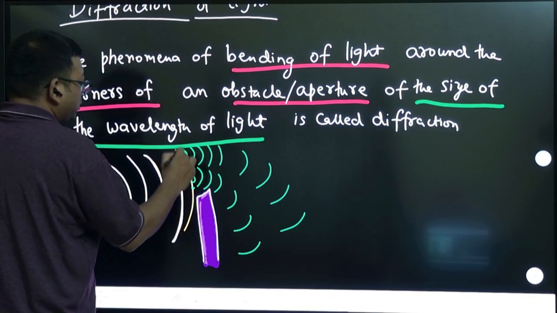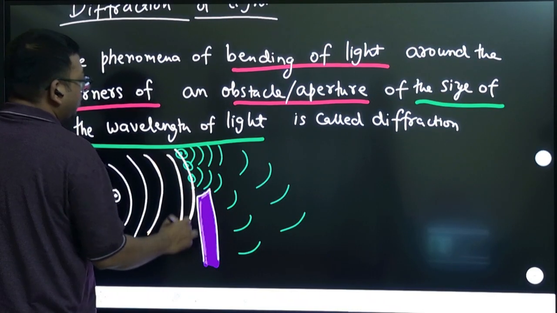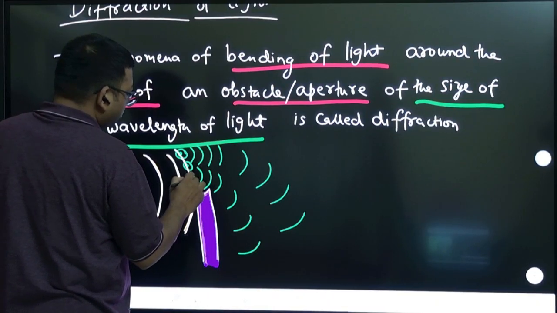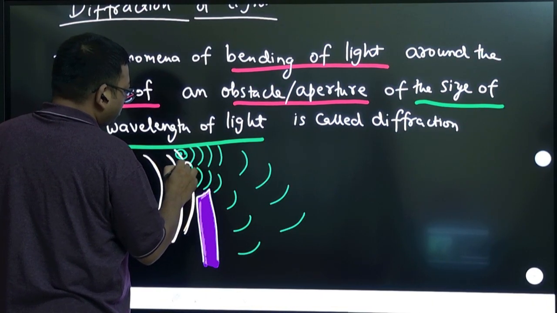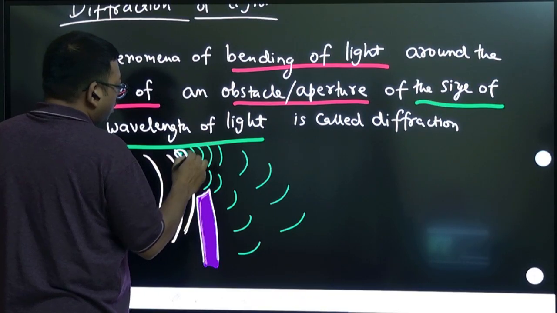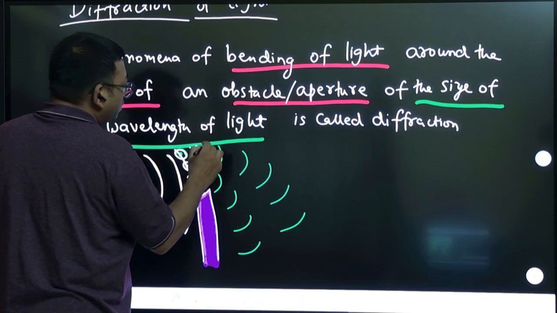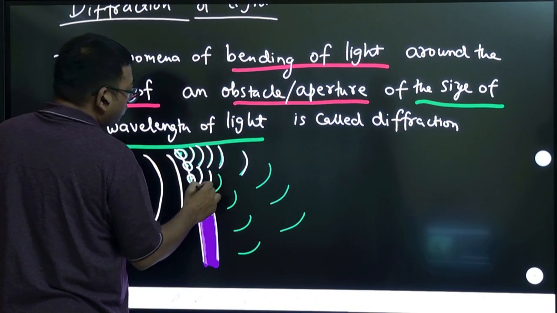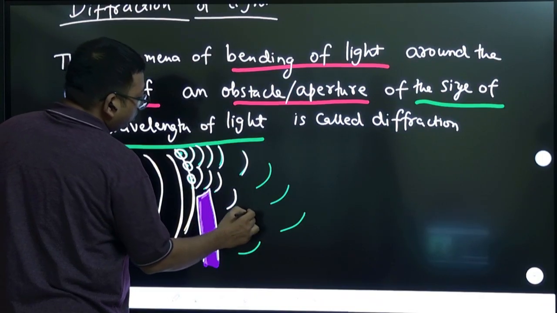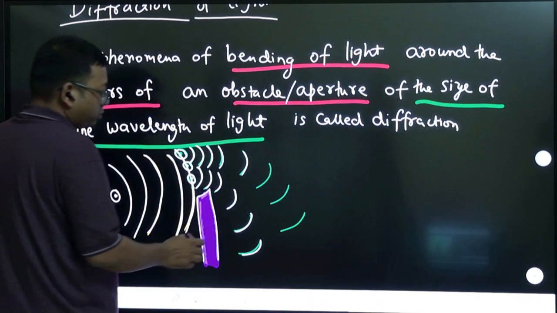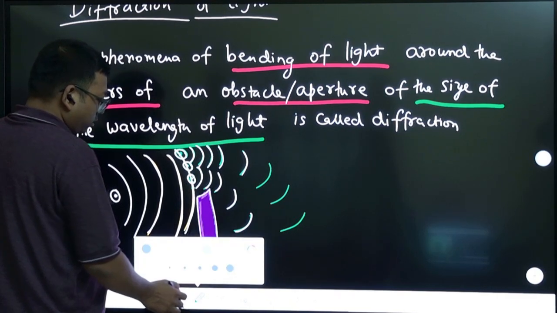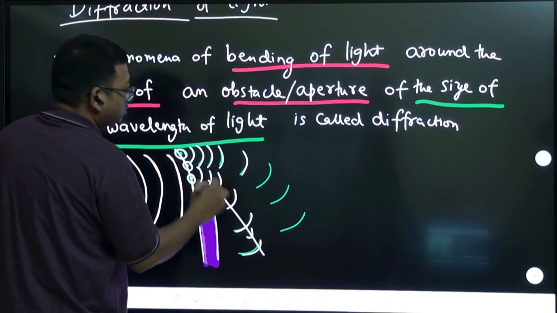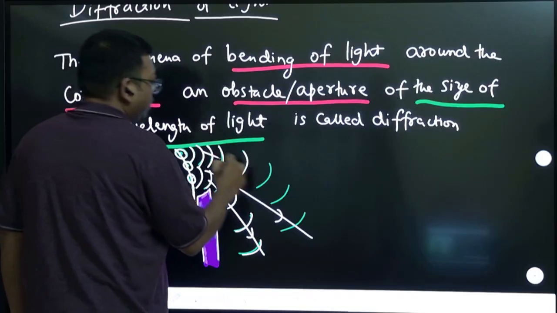As this spherical wavefront is hitting this surface, what happens? Each point on this behaves like a source, and now they start emitting wavefronts like this. So the wavefront is going to go beyond this region also. That means the light can go here also. Light is able to reach these places also.